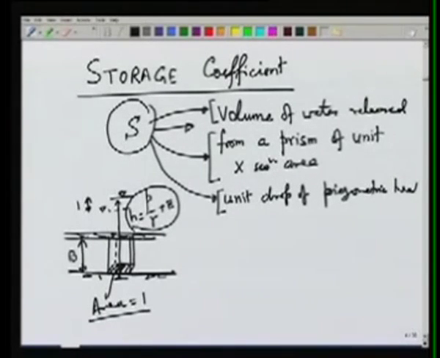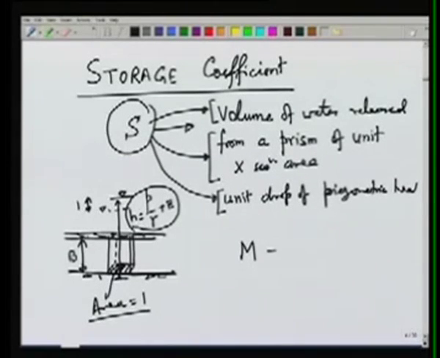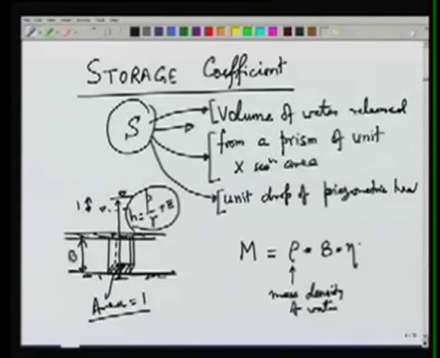Now the mass of water M which is present inside this prism can be related to the volume and the density. So rho is the density of water, into the volume, which will be, since the area of cross section we have taken as unity, equal to B into porosity.